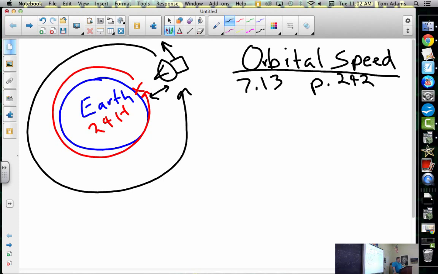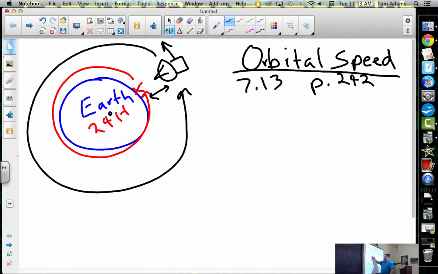It has to make one revolution in a 24-hour period. That's what they were explaining in 7.13. We need to figure out what the height is, and that will help us determine the orbital speed. The height would be r, because it's the radius of this orbital path.